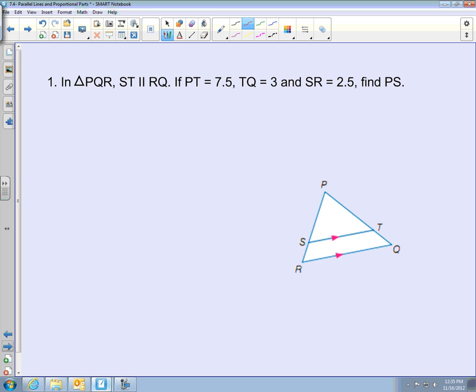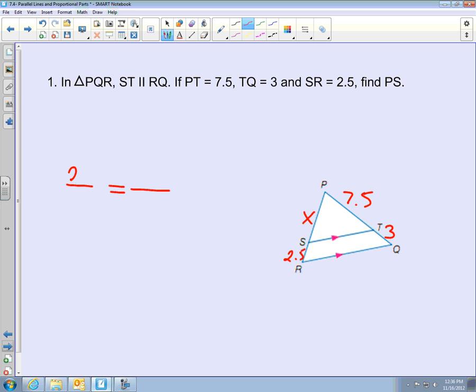So let's go ahead and look here. In triangle PQRS, ST is parallel to RQ. If PT is 7.5 and TQ is 3 and SR is 2.5, find PS. So all we have to do is set up a proportion, and we are used to doing these from our similar polygons and similar triangles.